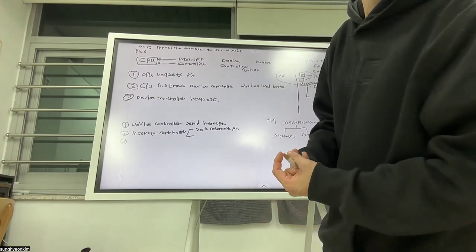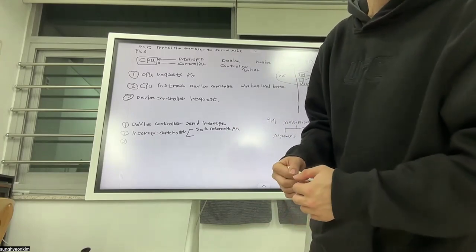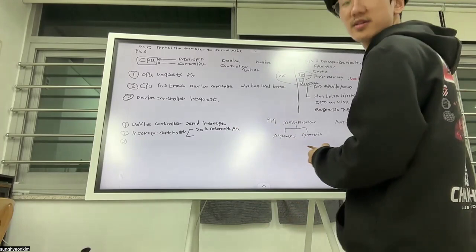For asymmetric, each processor has a task, and for symmetric, each processor does all tasks.